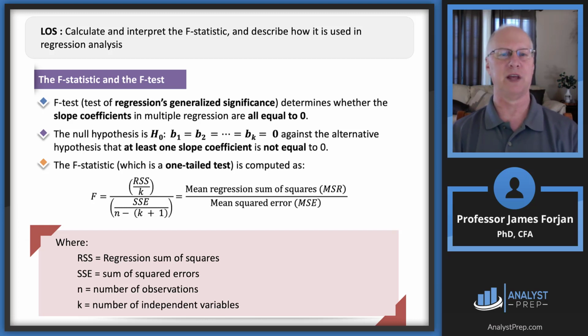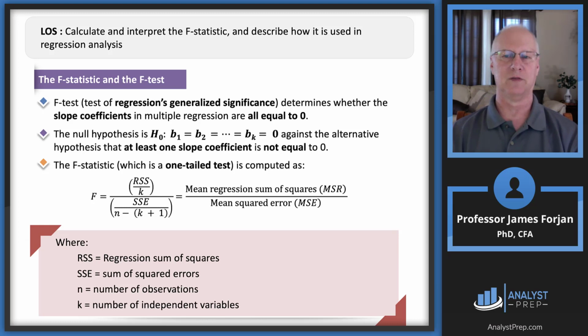All right, so the F-test null hypothesis is that the slope coefficient 1 and the slope coefficient 2 and the partial slope coefficient 3 and 4 and 5 and 10 and 20 and 100, that they are all equal to 0.